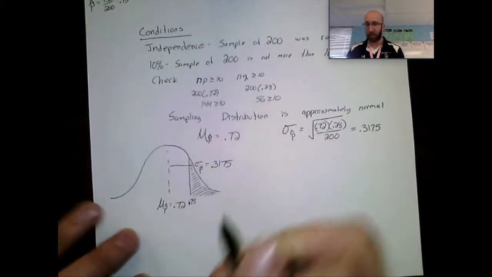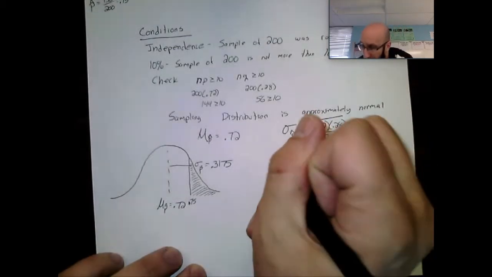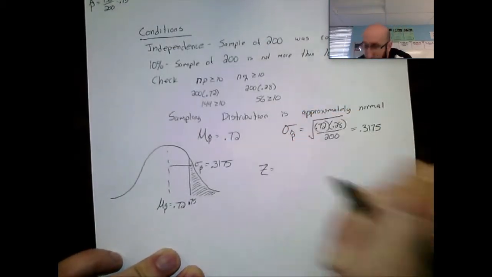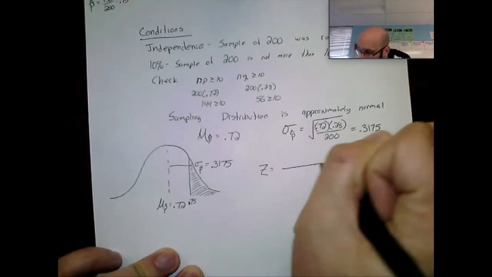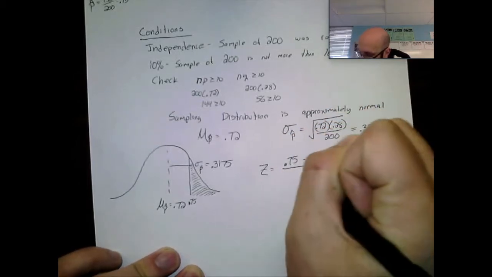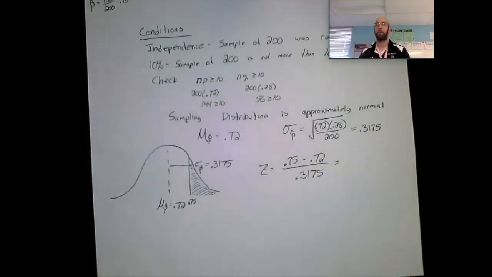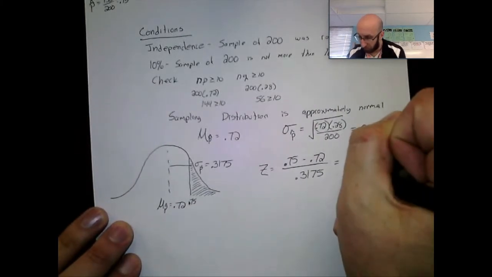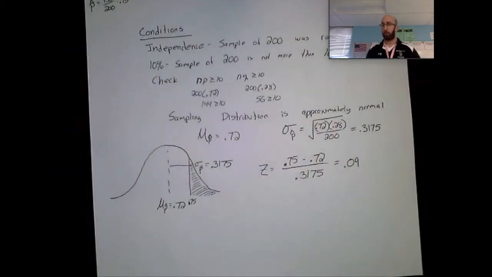From here on out, we're doing z-scores, which at this point you should know how to do pretty fast. So I'm not going to spend an alarming amount of time on this. Our z-score is our observed, which is 0.75, minus the expected, which is 0.72, divided by our standard deviation, which is 0.3175. I would round it to 2 decimal places. It's 0.09. You would then go to a z-score table and look up your 0.09.